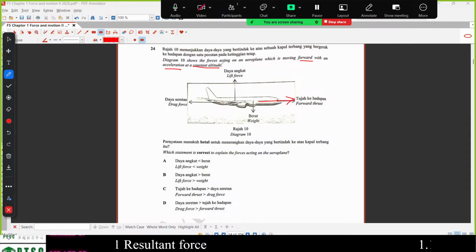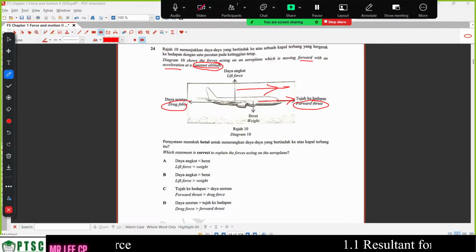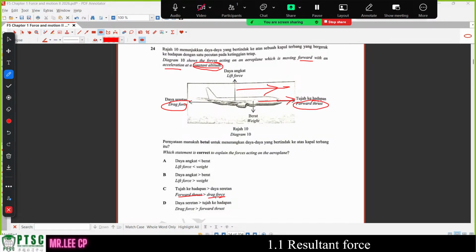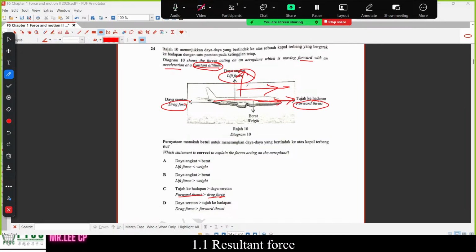So it accelerates forward, meaning forward thrust is more than the drag. If it is not accelerating forward, like a helicopter, it is going to go upward, where the lift is more than the weight.